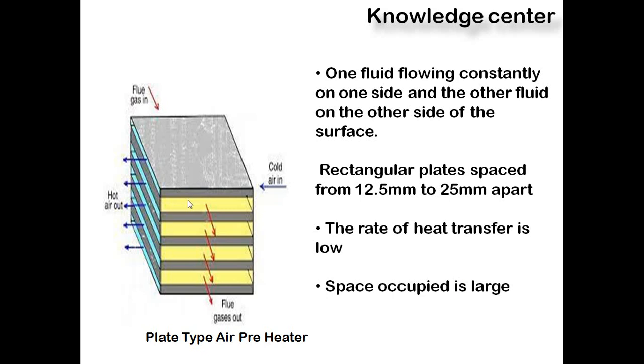One more drawback is that the space occupied is large. As I told, the space of these plates is going to be high, so there will be heat loss. Because of that, the transfer of heat is less, as well as the space occupied being large.